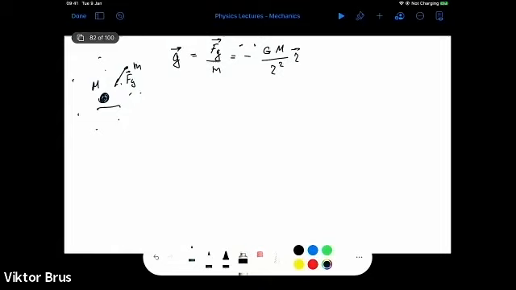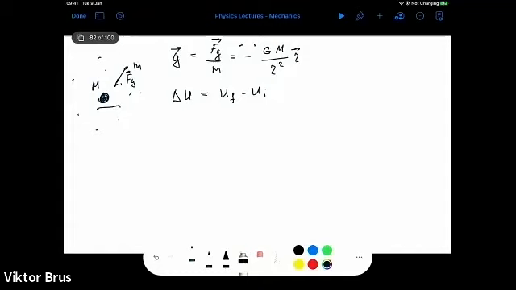Okay, so now let's go for potential energy. So we know by definition that the change of the potential energy is the difference between the final potential energy minus initial potential energy.